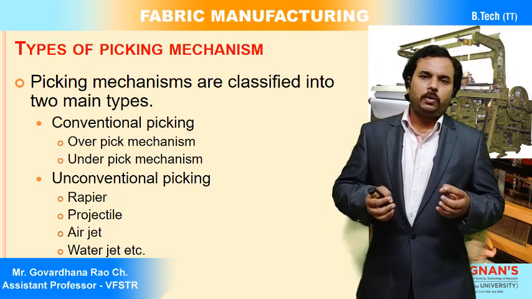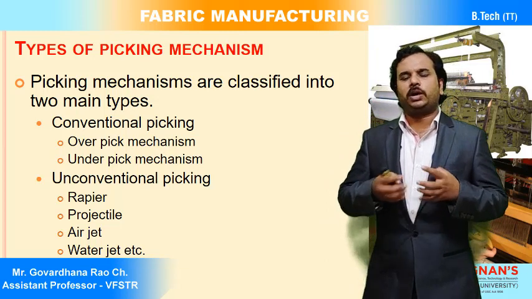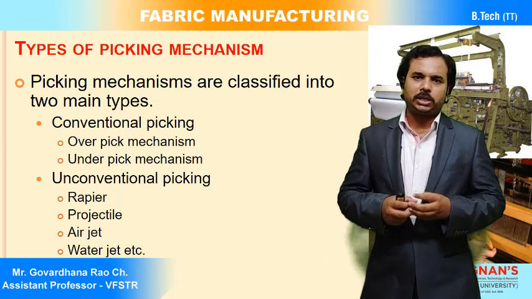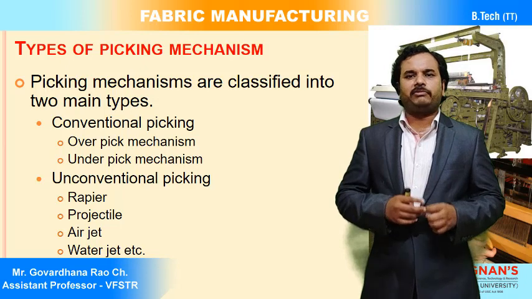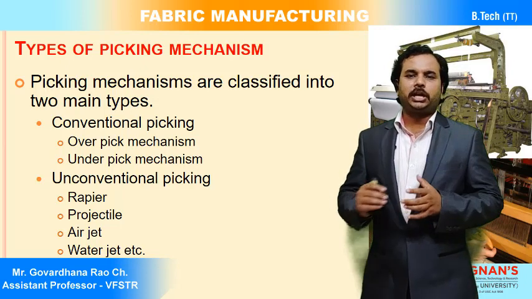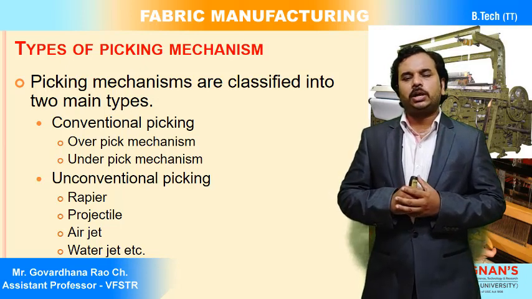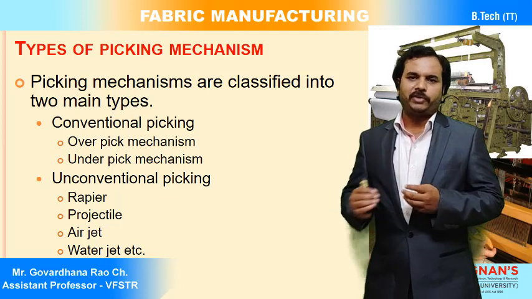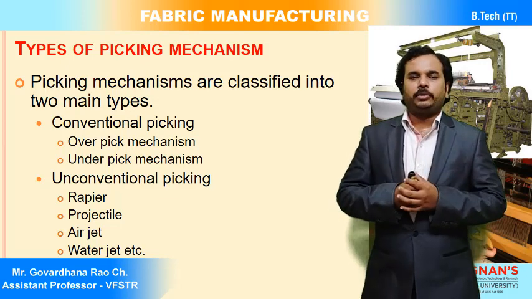So the weft, how it is transferred, what is the mechanism or what is the technology involved to transfer the weft yarn from one side of the shed to the other side, or from one side of the fabric to the other side of the fabric, depends on that.